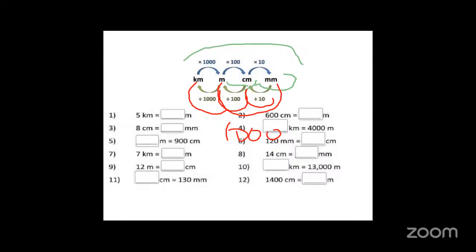If I'm to go from millimeter to kilometer, that is, I'm going 3 steps at a time, that is 1,000 and another 1,000, that is 10 raised to 6. I'll divide by 6 zeros.